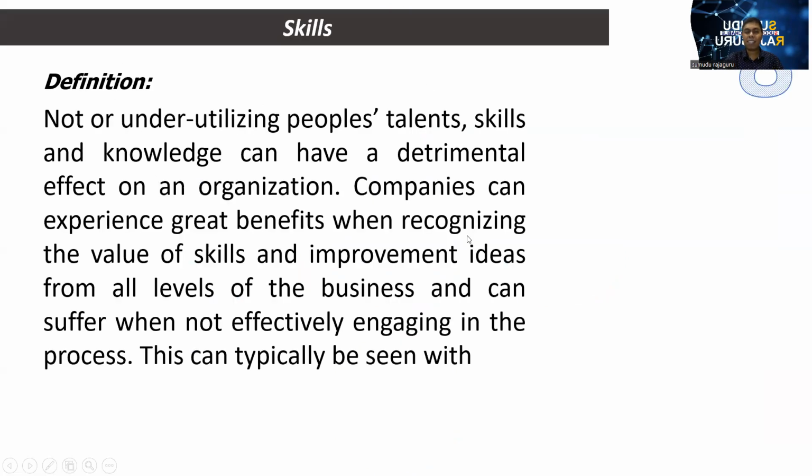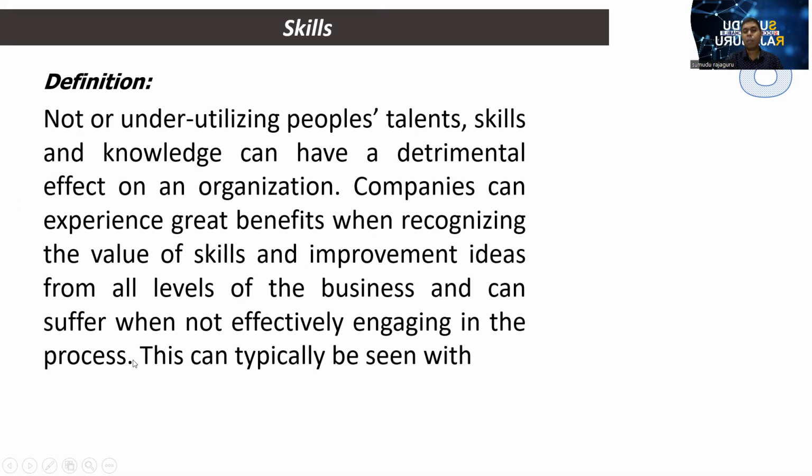The last one is skill. Not utilizing or underutilizing people's talents, skill and knowledge can have a detrimental effect on the organization. Companies can experience great benefit when recognizing the value of skill and improvement ideas from all levels of the business, and can suffer when not effectively engaging in the process.